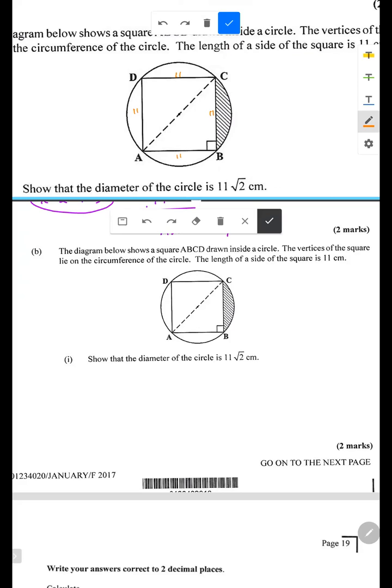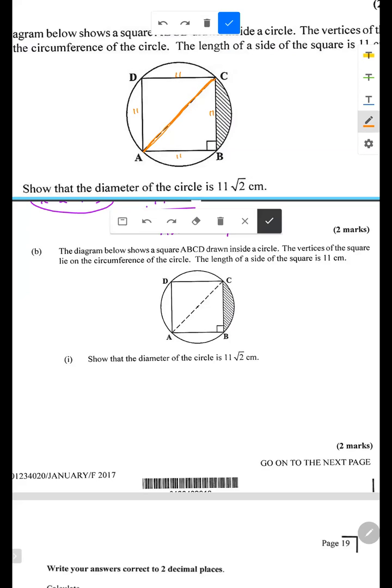So the question says, show that the length of the diameter is 11 root 2 centimeters. So basically, they want us to find the length of this diameter. To find the length of that diameter, we can work in this triangle and use Pythagoras' theorem.